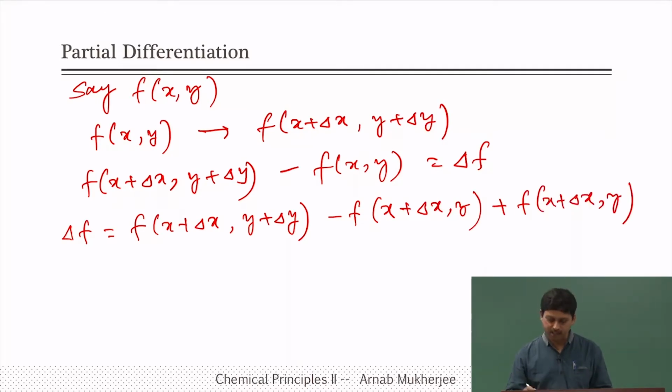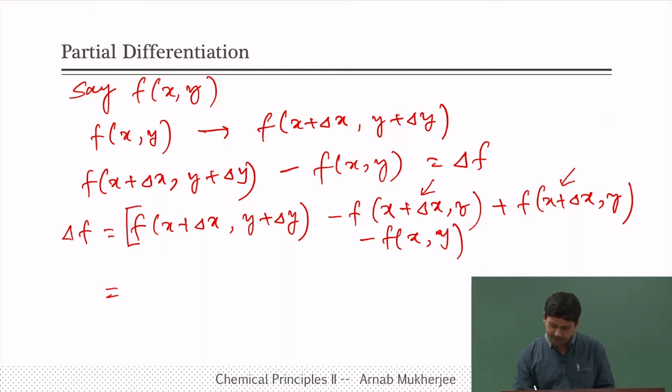Since we are adding and subtracting, it does not make any difference, it remains the same, correct, because we just added and subtracted the same quantity, so delta f remains the same. Now we are going to put them in brackets, okay. So within the first bracket we are going to multiply and divide by delta x.